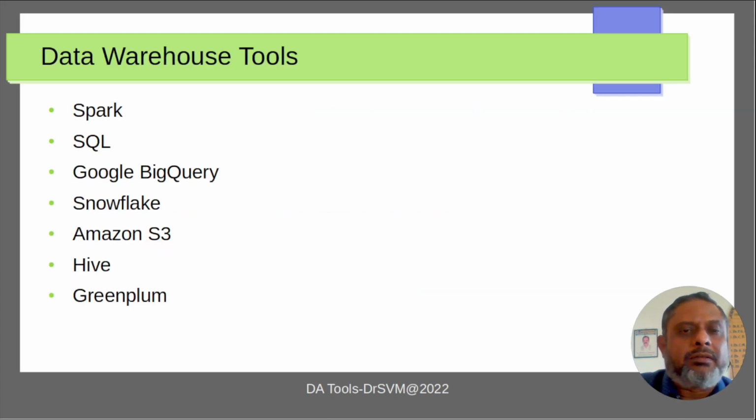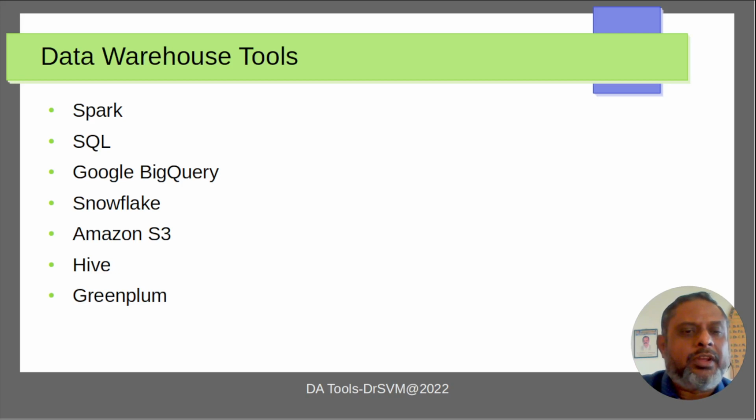The warehouse tools most commonly used are Apache Spark, SQL, Google BigQuery, Snowflake, Amazon S3, Hive, and Greenplum. These are the tools we are looking at in detail in this series.